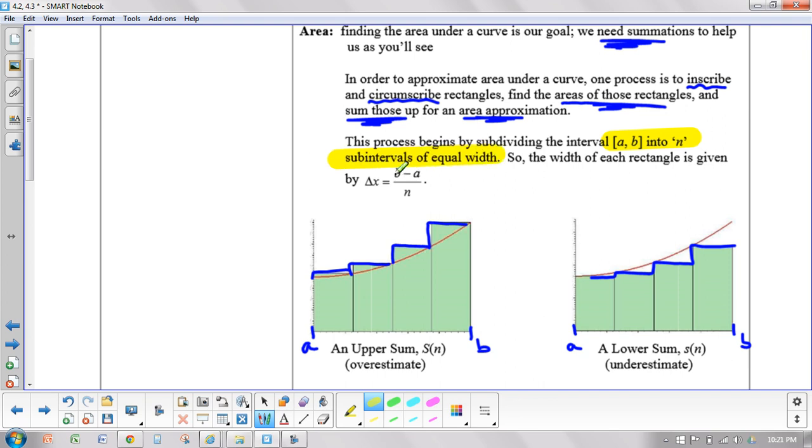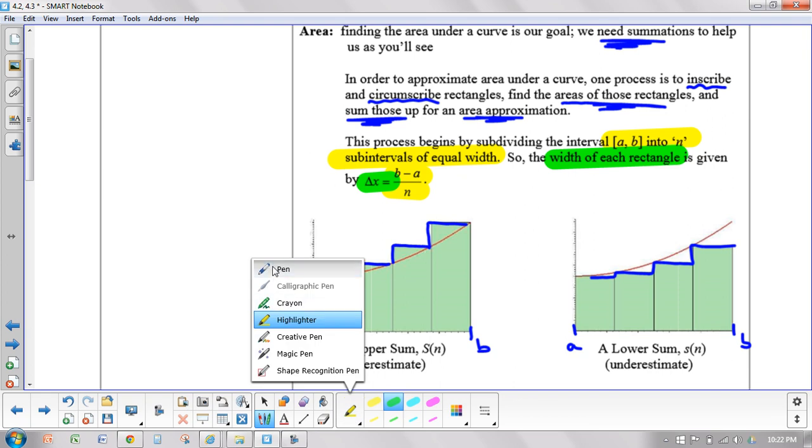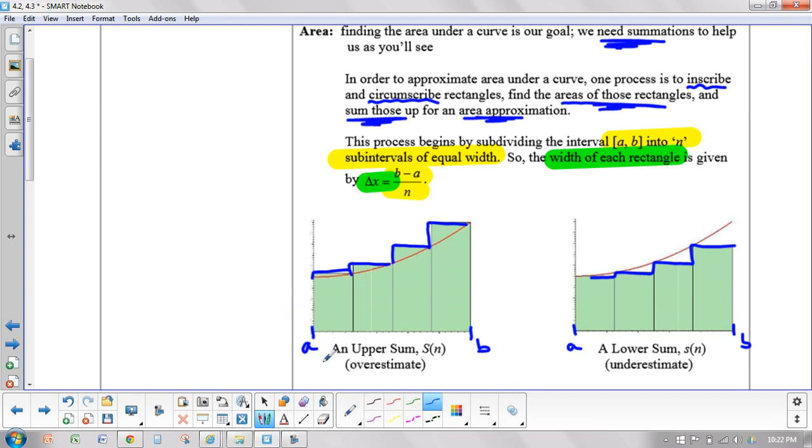Well, to do that, you would take your whole distance, B minus A, and then you would divide by n to cut it up into n pieces. So the width of each rectangle, then, we would denote it by delta x because you're measuring across the x-axis, so the change in x. And you find it, again, by doing B minus A all divided by n, the number of rectangles that you want.